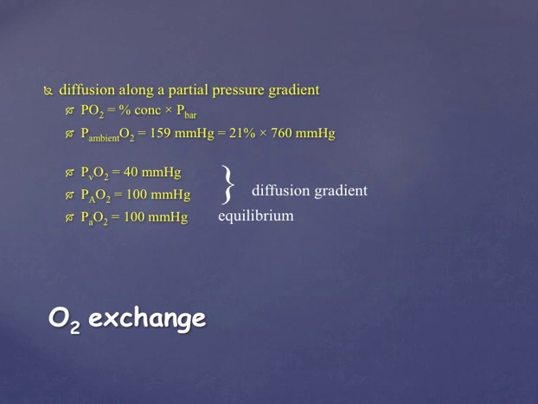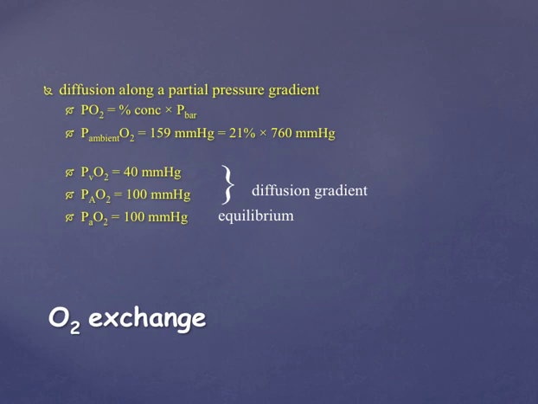So oxygen is going to move from where there's a lot of it, the alveoli, into where there is less, the blood. It moves from 100 to 40. And then as the blood leaves, it has reached an equilibrium so that its partial pressure is equivalent to the partial pressure of the alveoli.